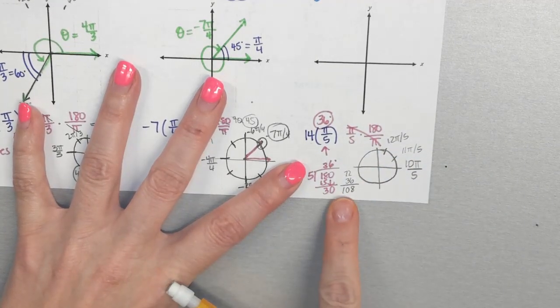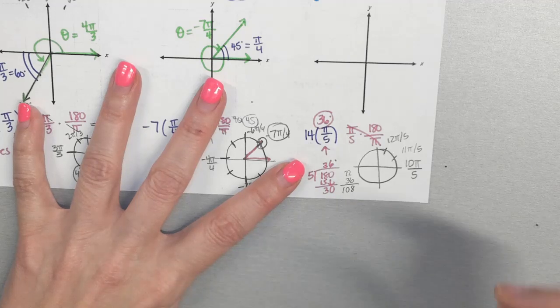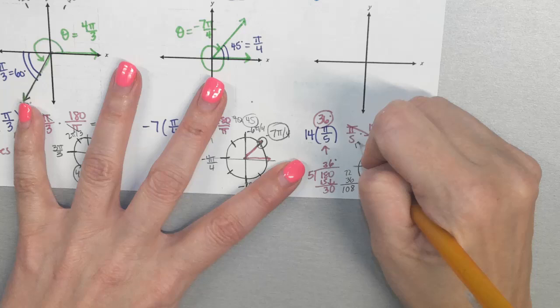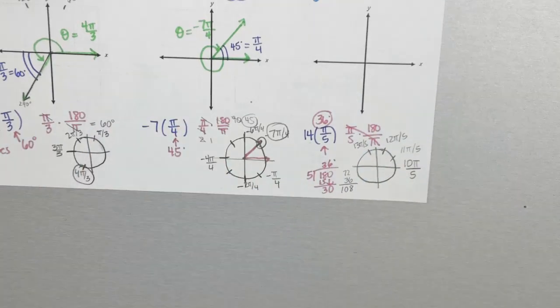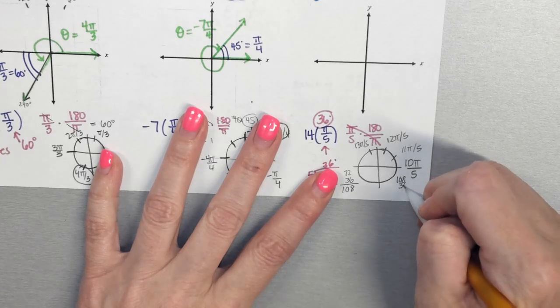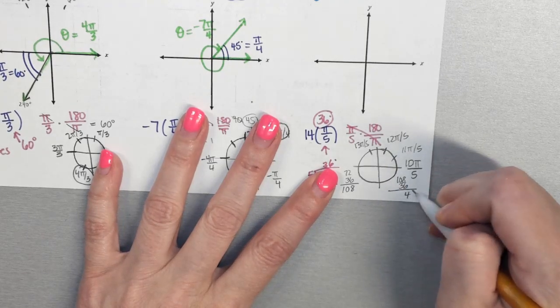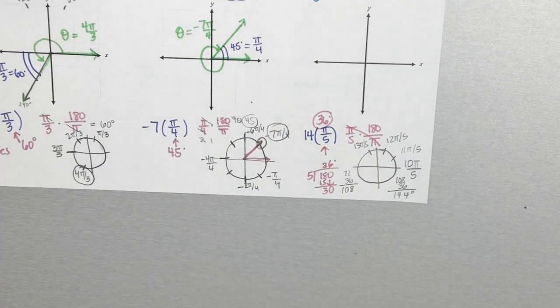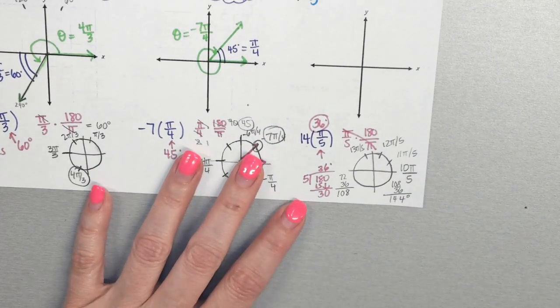I got 108 when I added. So 108 is past 90, in quadrant 2. So I have 13 pi over 5. And then 14 pi over 5 is 108 plus 36. So 14, carry the 1, 144 degrees. That's going to help me map that out.